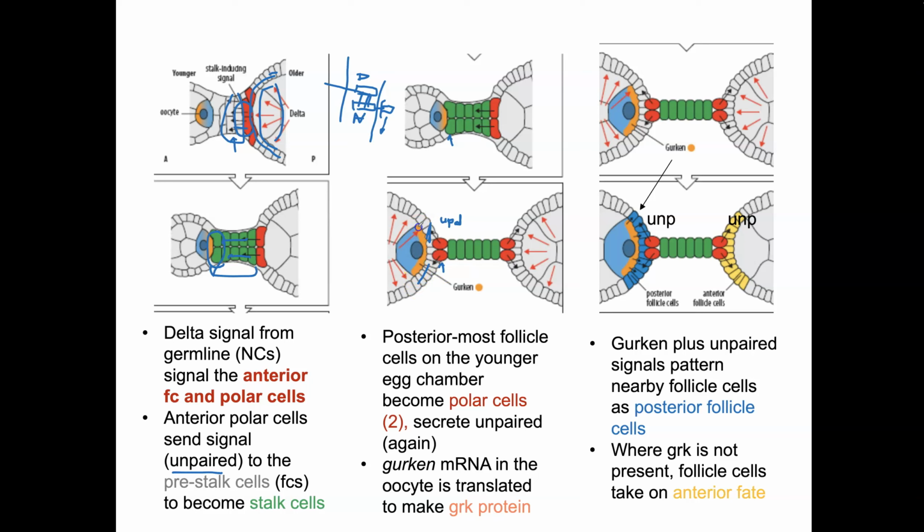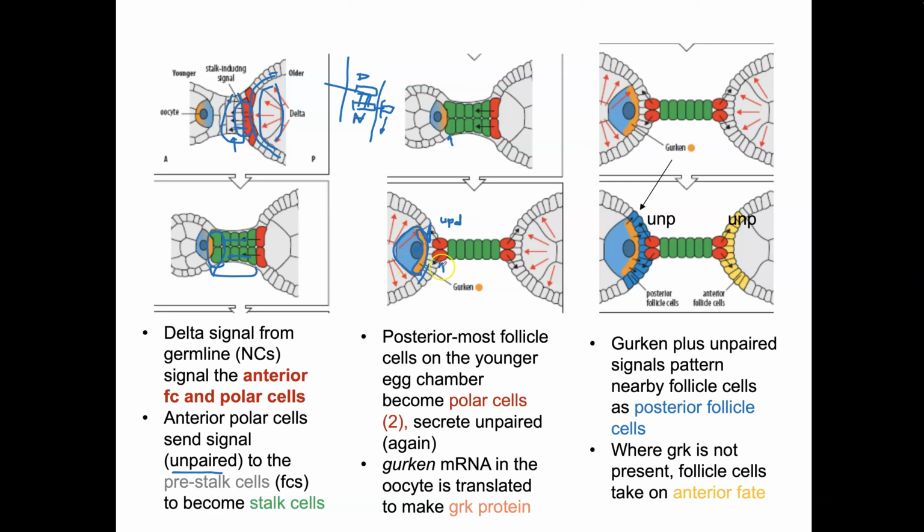Also, if you look in the oocyte of the younger egg chamber, you will find that there is a lot of messenger RNA for Gurken, and Gurken is a signaling molecule too, found in the very posterior-most region, along with the nucleus of that egg.